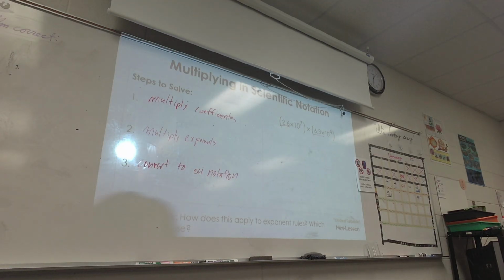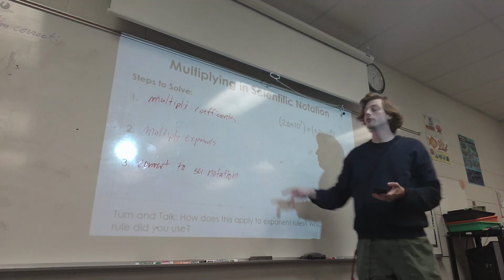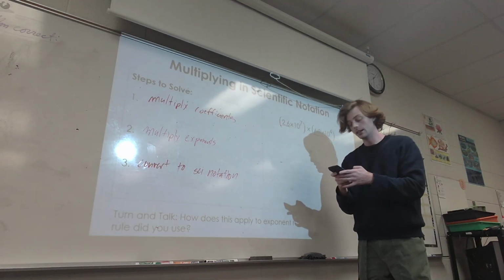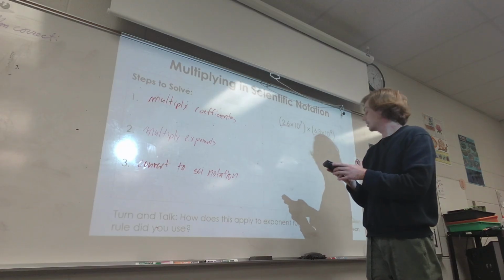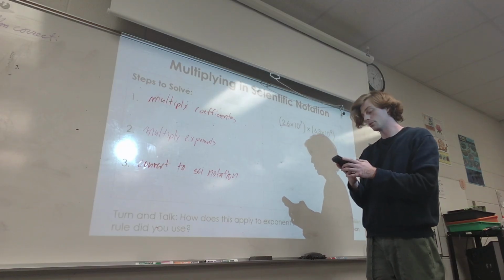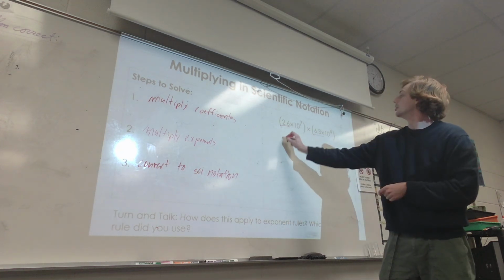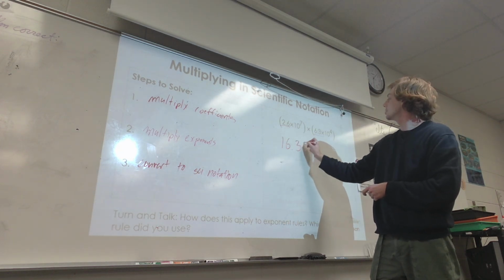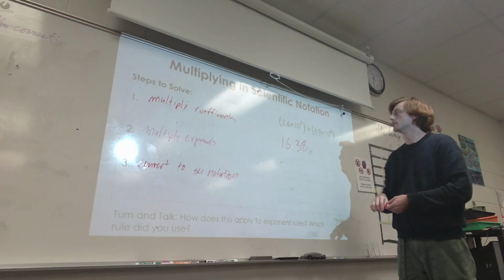I'm going to use a calculator for this. First, okay, step one, multiply coefficients. I have 2.6, 6.3. Look at my calculator. I do 2.6 times 6.3. I get 16.38. Okay. Next, I multiply my exponents.